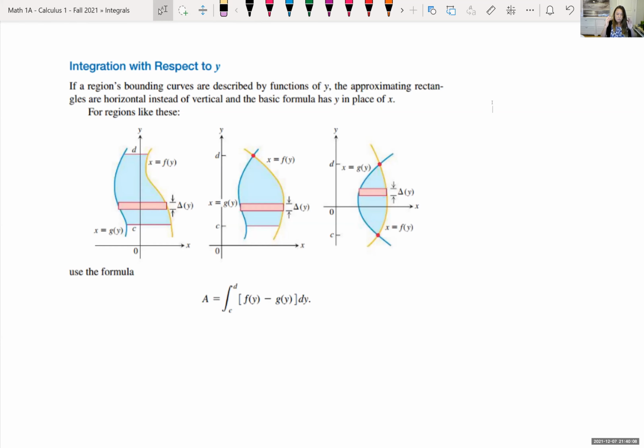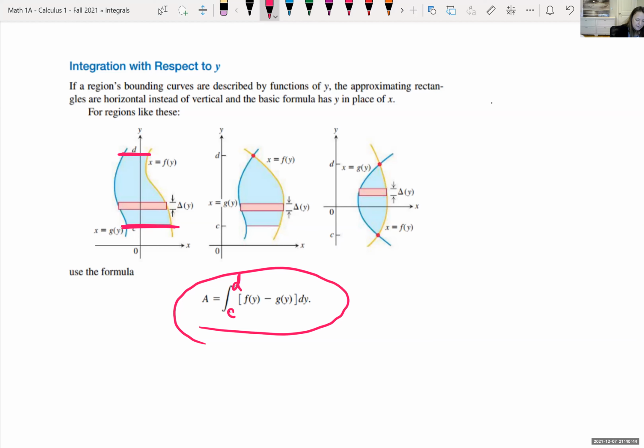So if we have two curves, if a region is bounded by curves described by functions of y, the approximating rectangles are horizontal instead of vertical. And the basic formula has y in place of x. And so in this case, I'm not going to go through the detail of the horizontal rectangles, but we're basically looking at the bottom bound on our y-axis, which is c, to our upper bound on the y-axis, which is d.